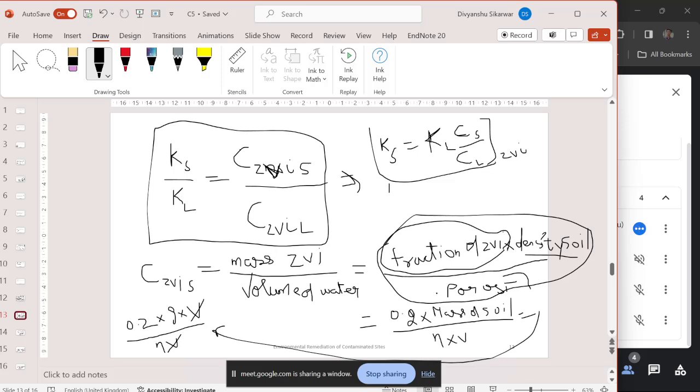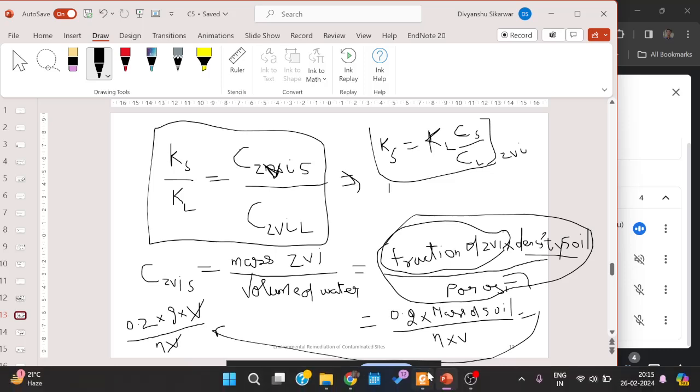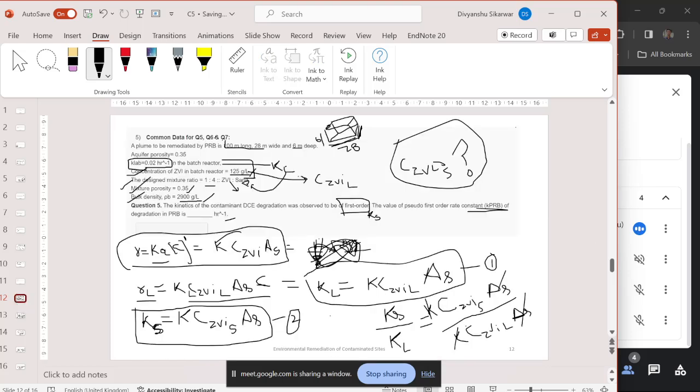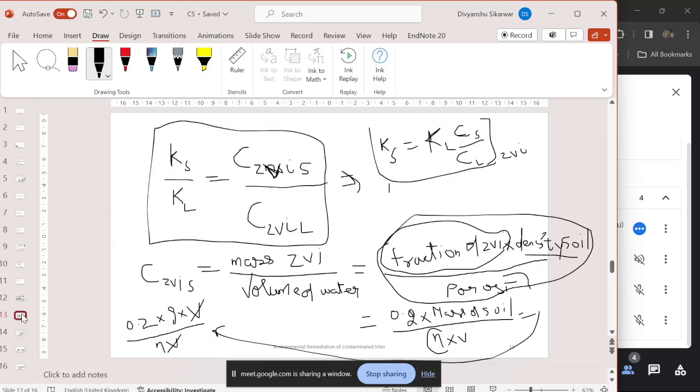The volume of pores we can calculate if we know the porosity of the mixed soil, which is already given as 0.35. And if we multiply the porosity with the total volume, the total volume is also given to us in terms of the dimension of the PRB, right? So we can calculate the total volume also. If we know these two terms, we can determine the volume of pores. So the denominator, the volume of water, is basically the volume of pores.